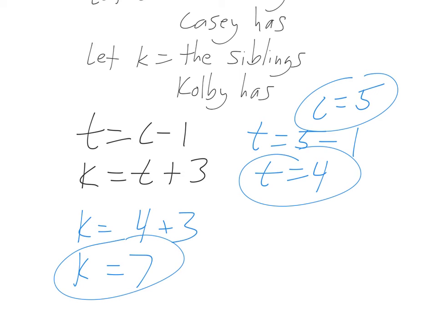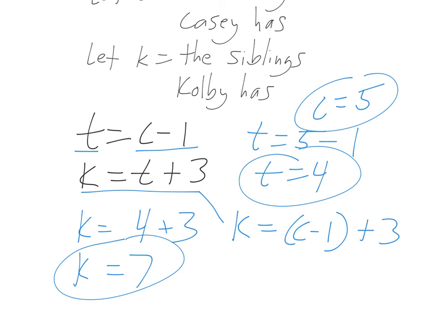In this case, I had to set up 2 separate equations and then work through them. Another way you could do this is to substitute in, knowing that T equals C minus 1. I can change this expression to show the relation between Colby and Casey: K equals C minus 1 in parentheses, because I'm replacing the T with what it equals, plus 3.